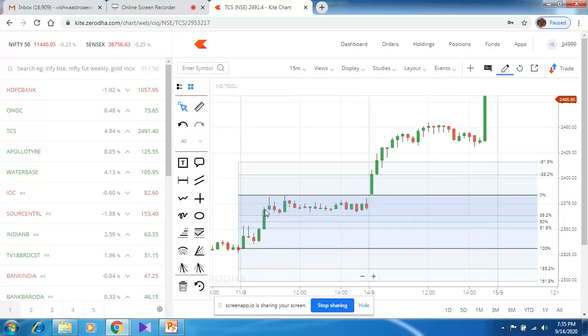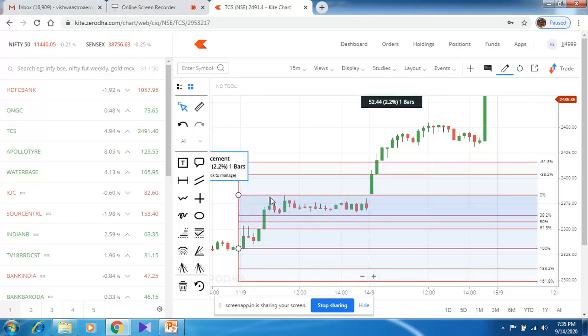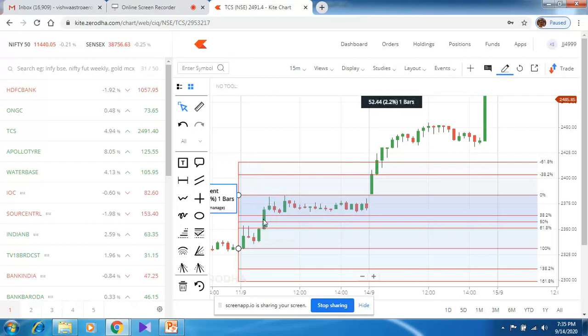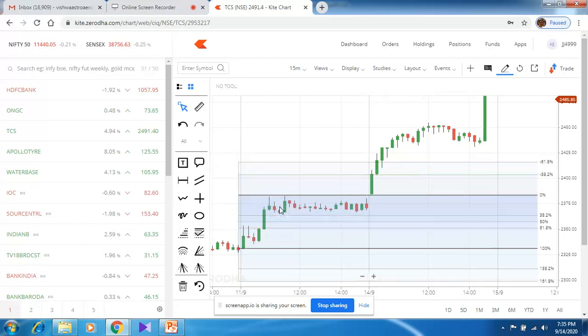That is why the next candle has gone much higher. It actually went up till here. It tested this 0% line and came down for a while, because the people who have bought here have to sell somewhere.